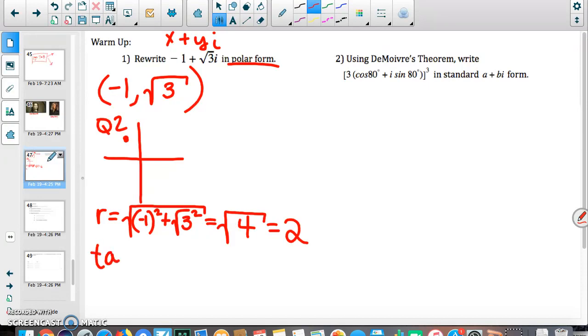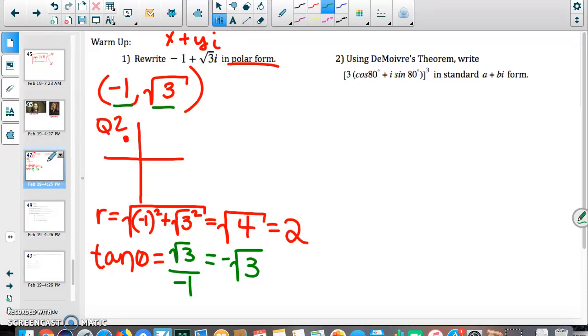My next step is to solve for my tangent. Tangent is y over x. So that's going to be √3 over -1, which is just -√3. So let's look in quadrant 2 for -√3. What angle gives me -√3? I think it's 120, but double check me. I don't even have my paper out.